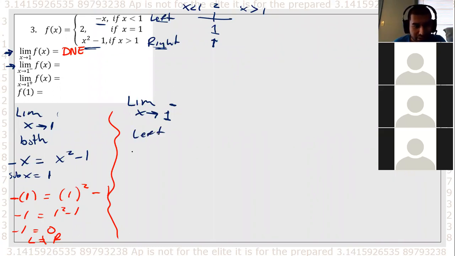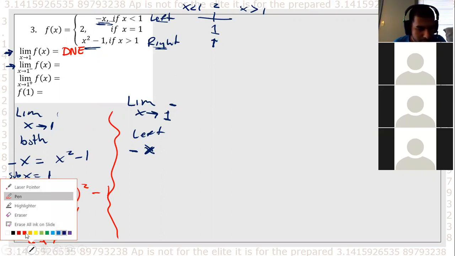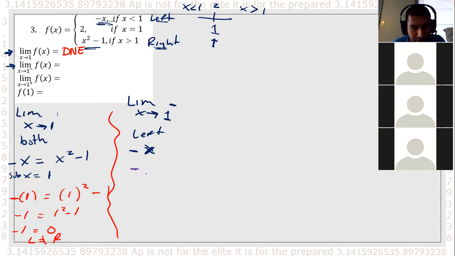So it's going to be just a negative x because that's the equation from the left. So I'm going to substitute x equals 1. So it's going to be negative x, so it's going to be negative 1. Dang, I can't write. So this is negative 1.